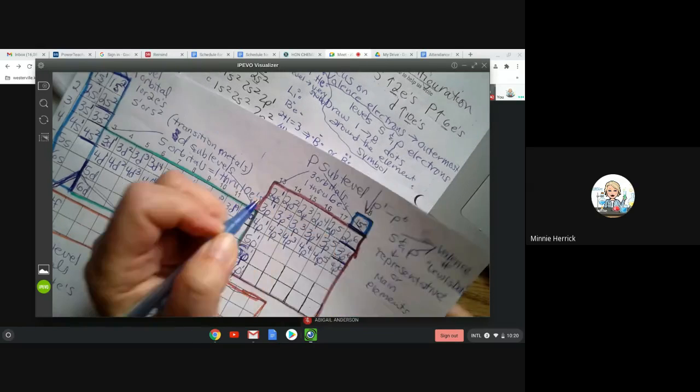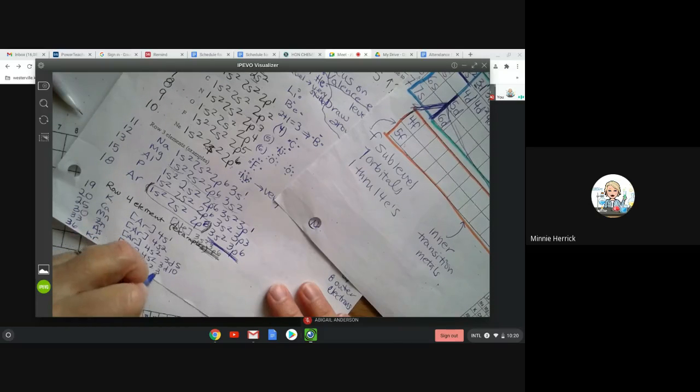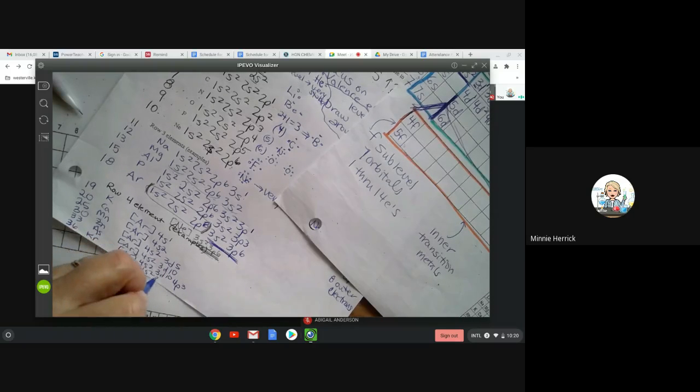And you're going to write 4P3 for arsenic. So you're going to write argon, 4s2, 3d10, 4P3, and then krypton's going to be argon, 4s2, 3d10, 4p6.